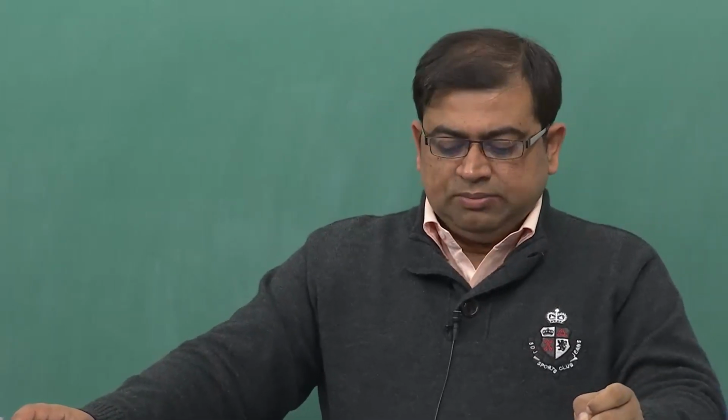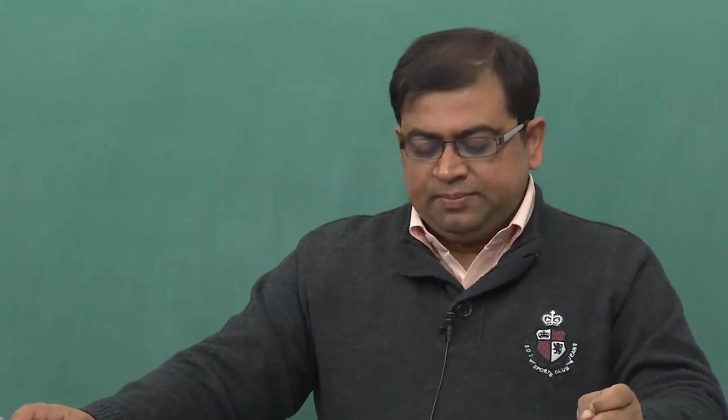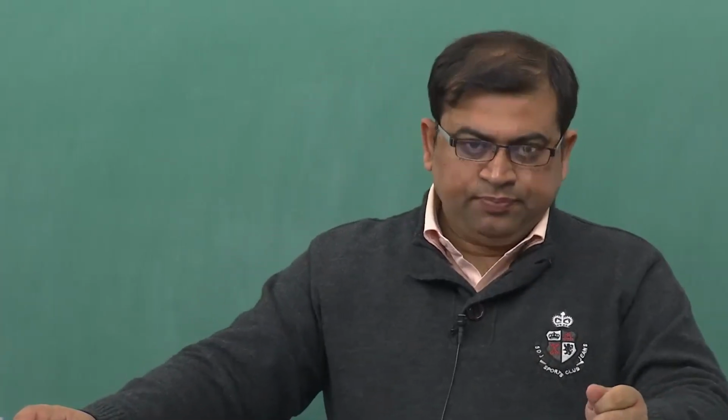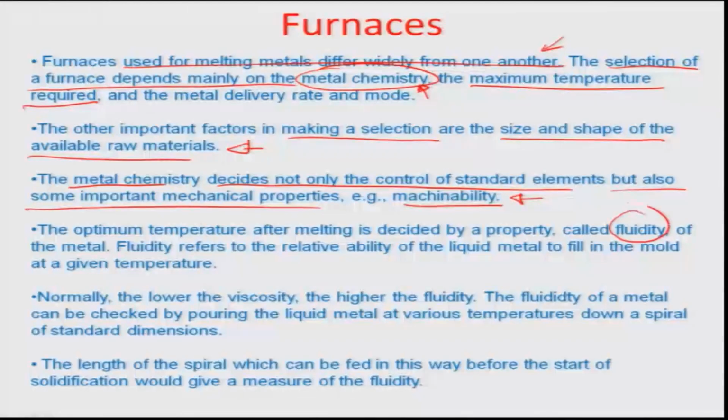There is a very important term called fluidity of the material when we talk about melting. The optimum temperature after melting decides the overall fluidity level, and fluidity is a requirement. Fluidity can be referred to as the relative ability of the liquid metal to fill the mold at a given temperature.